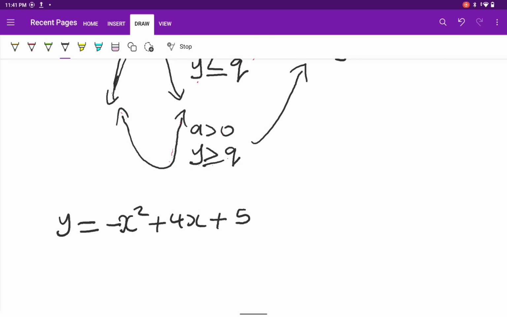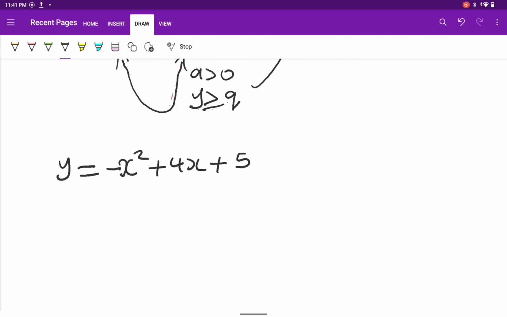Now we are going to do reflection, and we are going to do translation on this graph. So let's say we want to shift it. Let's do translation.